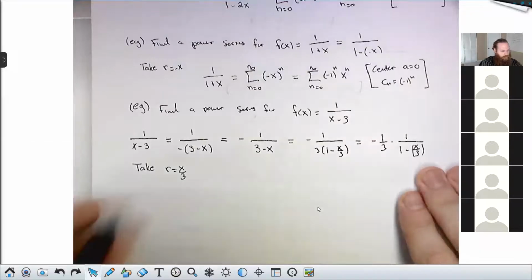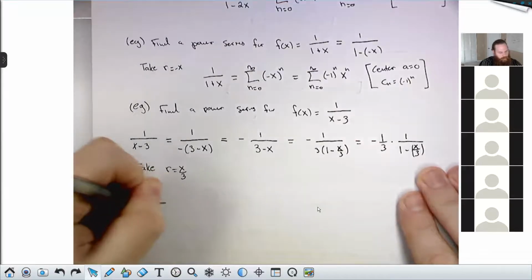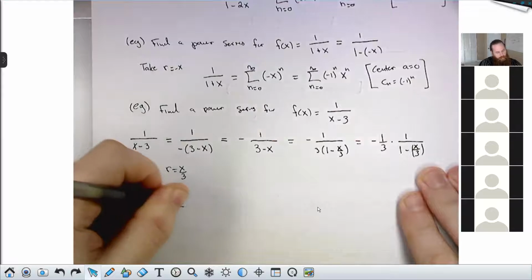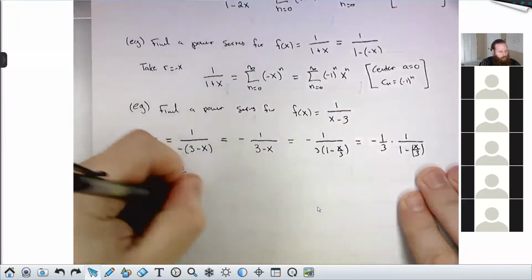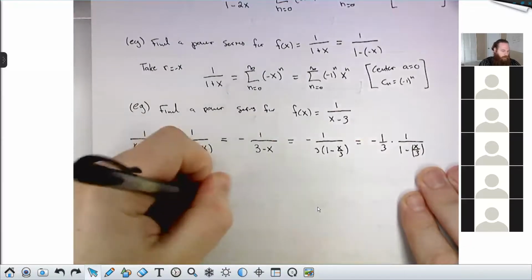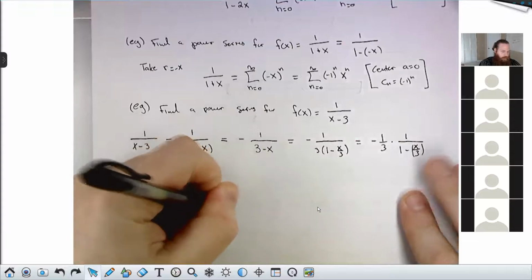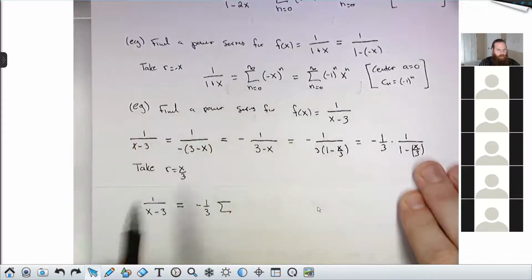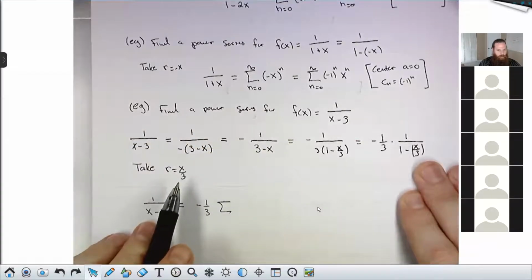So what we'll see then is that 1 over x minus 3, my function, is equal to, I've got the negative 1/3, and then this piece I can write as a geometric series using r equals x over 3.